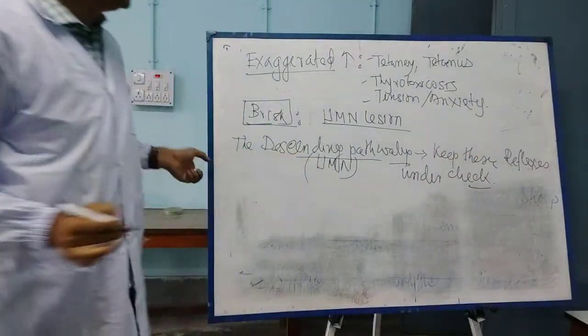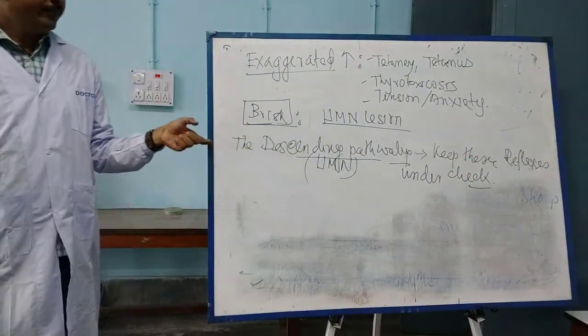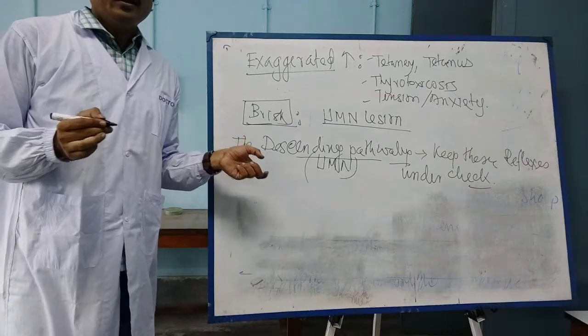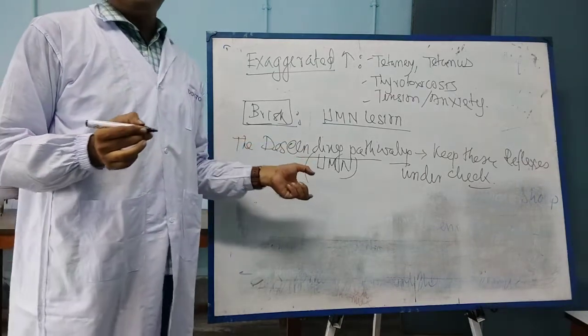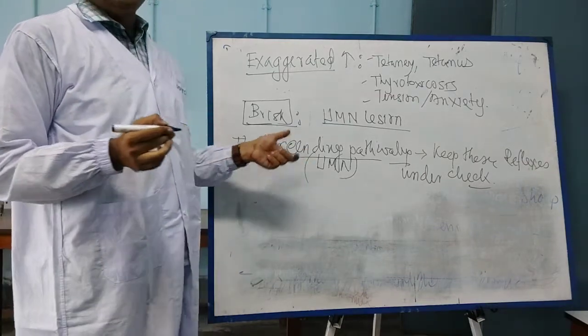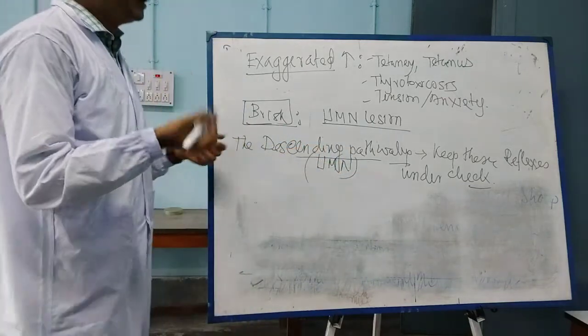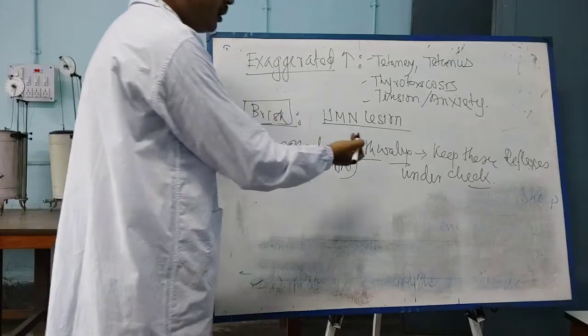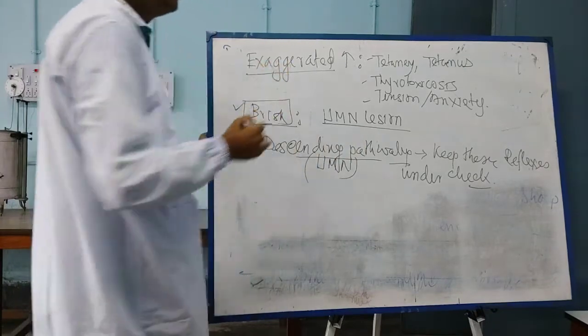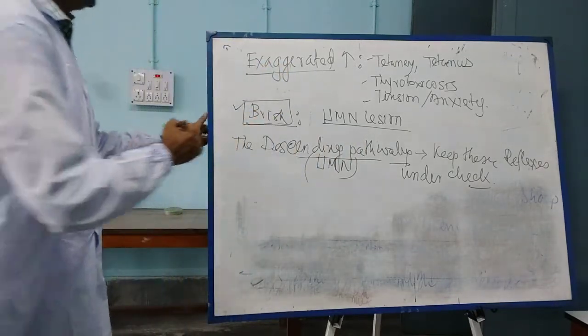So in case of upper motor neuron lesion, the inhibitory modulation of the corticospinal tract or the pyramidal tract is withdrawn, so the response is brisk.